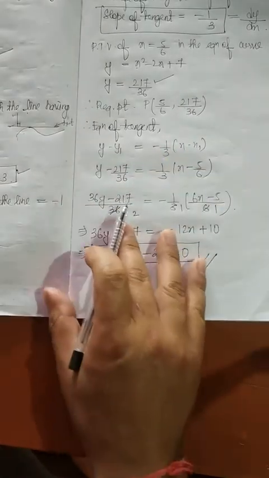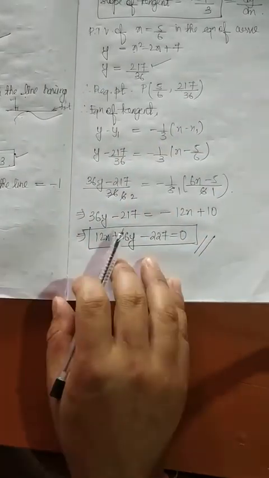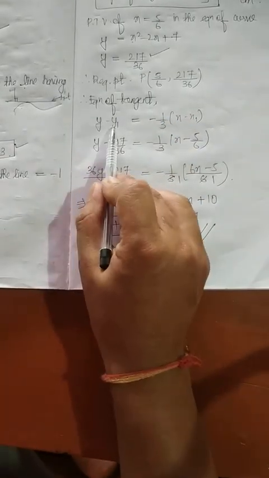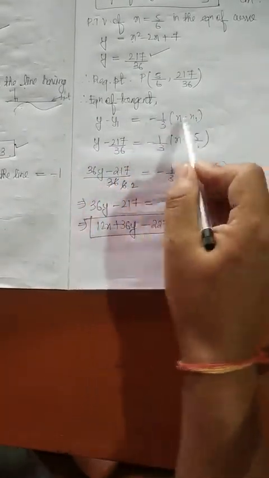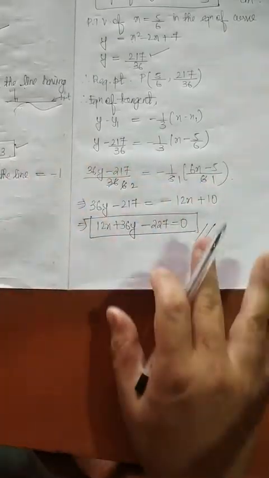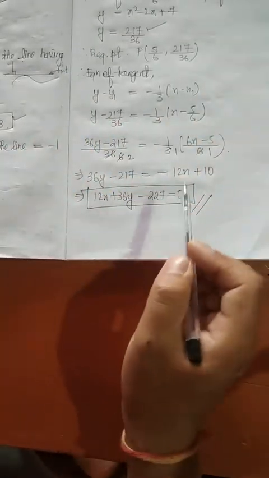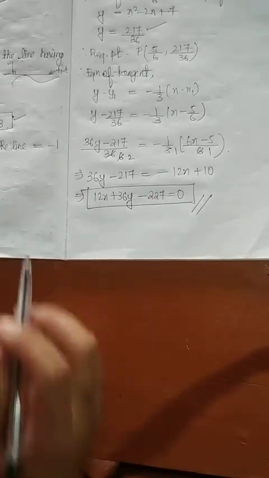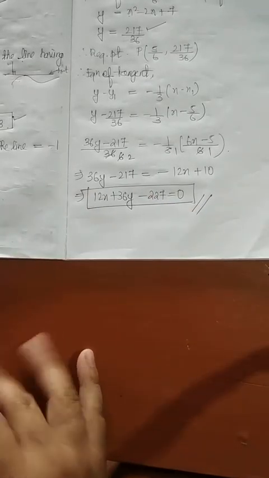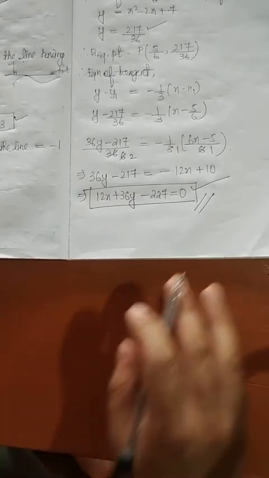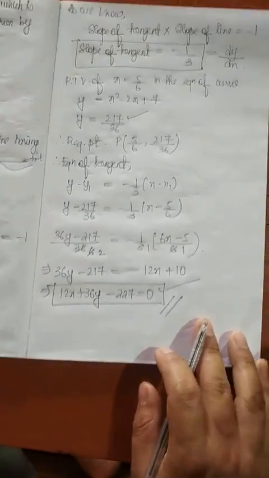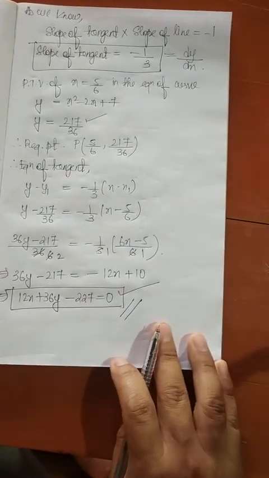Therefore I can find the equation of the tangent. The equation of the tangent is y minus y1 equals the slope of the tangent, which is minus 1 by 3 since it was perpendicular. Simplify it, take the LCM wherever you want, cancel out, cross multiply, and finally verify your answer. So pause the video to note down.